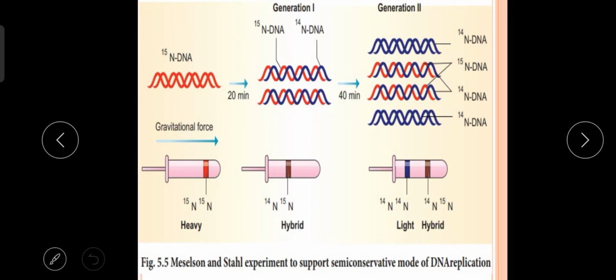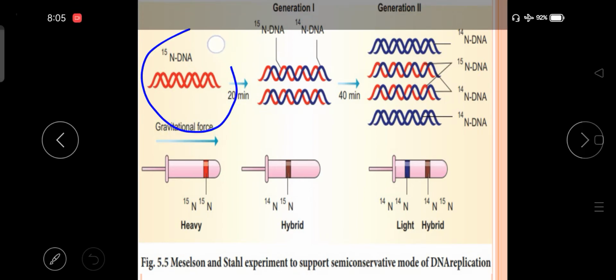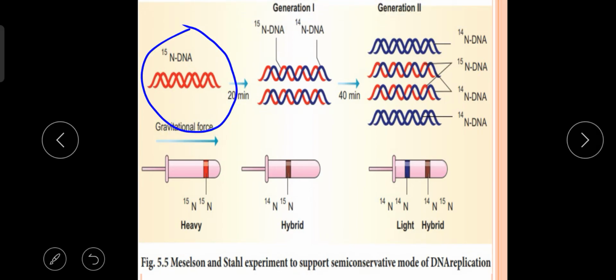Here see, this is the bacterial DNA which was grown in the medium 15N. When they transfer this bacteria into a new medium containing 14N, then in the new medium, from this DNA, 2 new DNA molecules will be produced, where one strand will be old and one strand will be new.